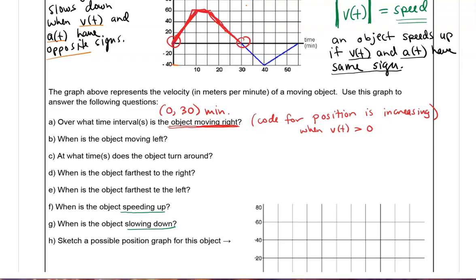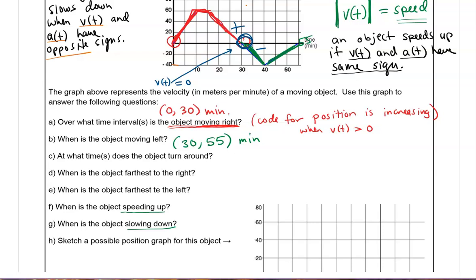And then it's moving left across the other set of time because all these velocities are negative. So from 30 to 55 minutes, the object was moving left. We can see too that it turned around right here, right where the velocity is 0, or rather where it changed from positive to negative.